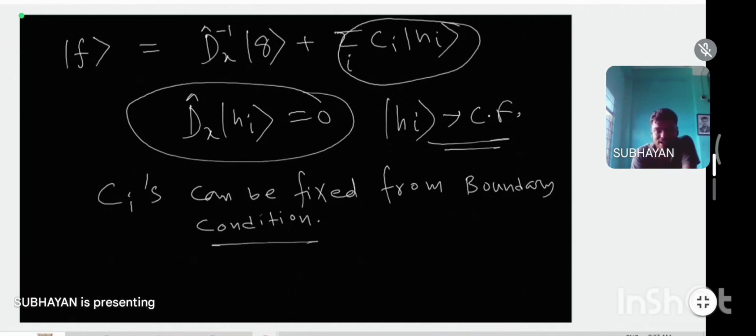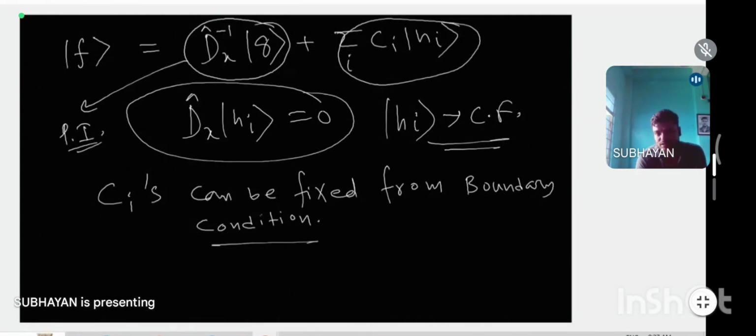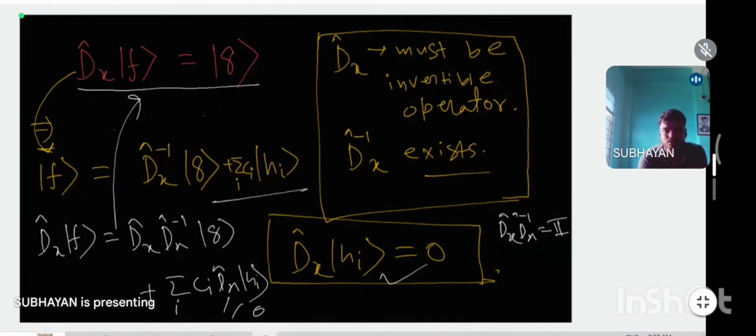Okay. And now this part, the D inverse x of g, this is the particular integral. This part is the particular integral because it is completely dependent on the inhomogeneous source. G was the inhomogeneous source in this equation. In the absence of G, the equation will turn into the homogeneous equation.